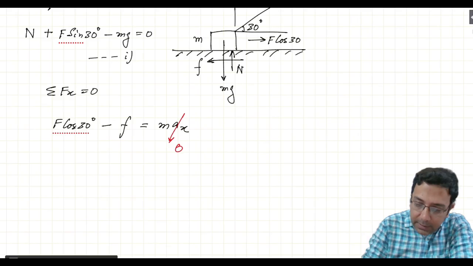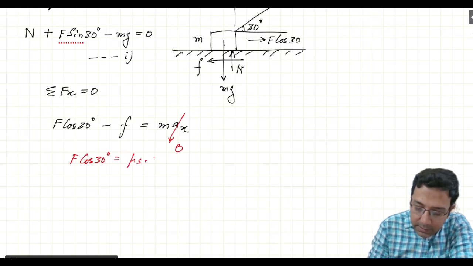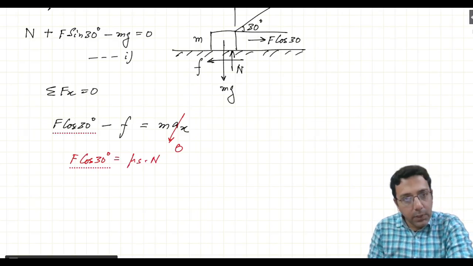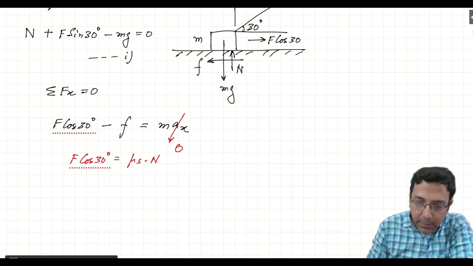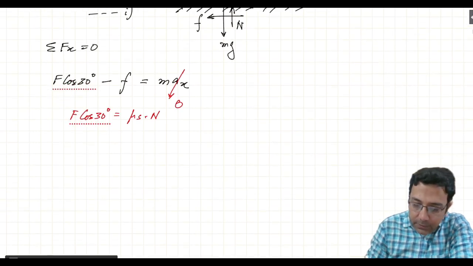So here we can simply write that F cos 30 degree is equal to mu s into N. Okay, this we can write, mu s into N. So this will be my equation 2.